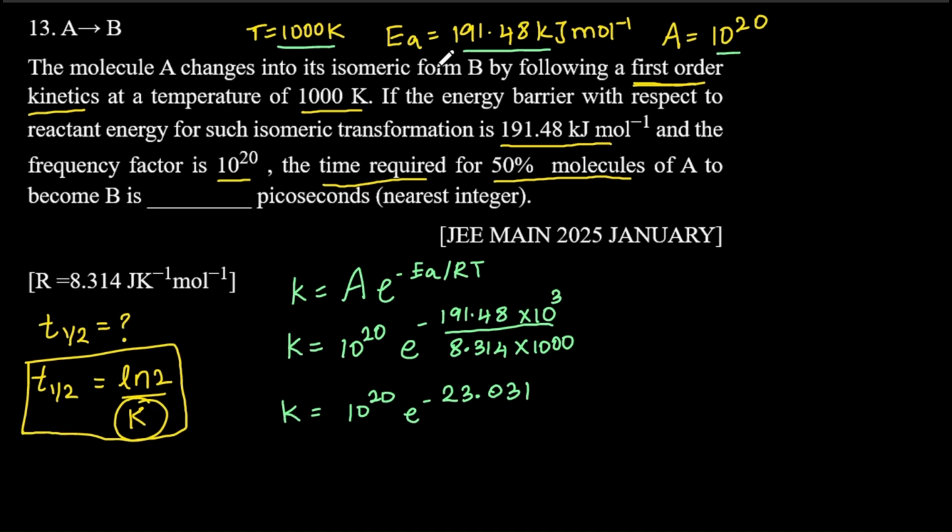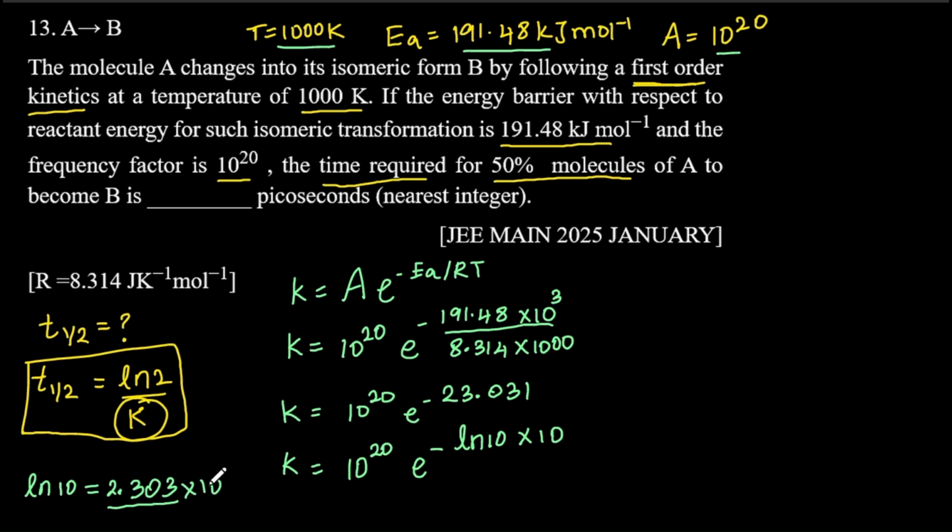So we know that ln 10 value is 2.303. Here we are having 23.03. So how can we write this with the known terms? Rate constant equal to 10 power 20 e power minus ln 10 into 10. ln 10 value is 2.303, into 10 will give you 23.03.